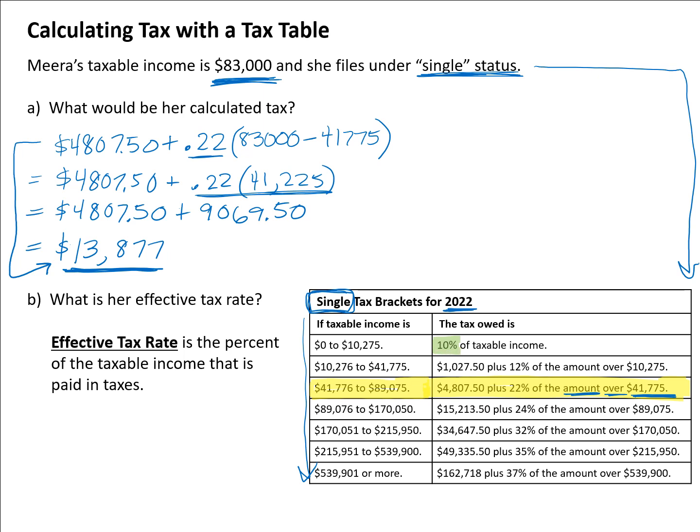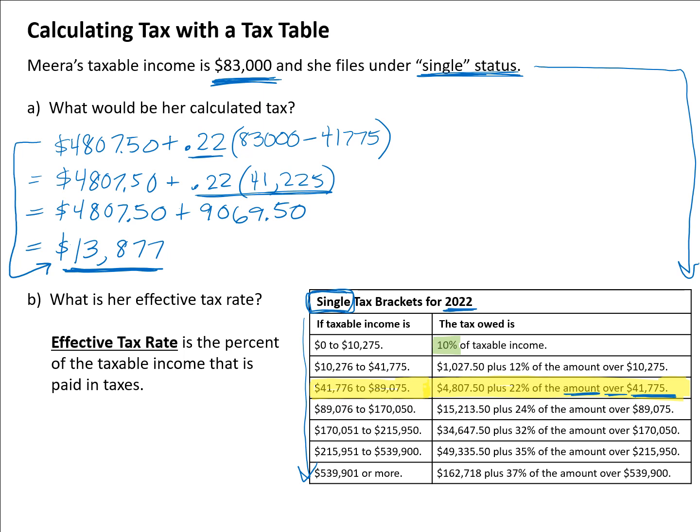So anyone who makes any money at all is going to be charged 10% on anything that is up to $10,275. Even billionaires are charged 10% for their first $10,275 in taxable income.